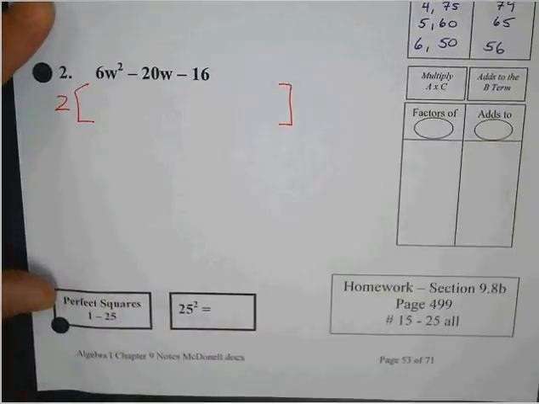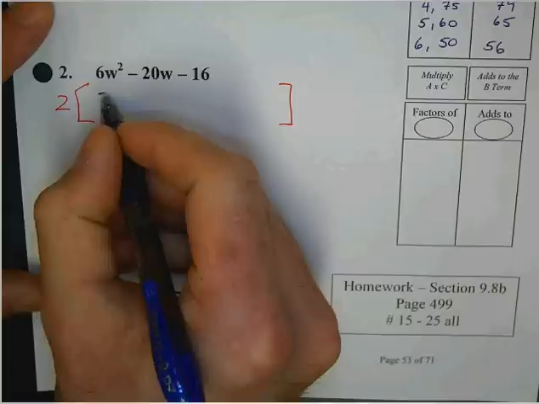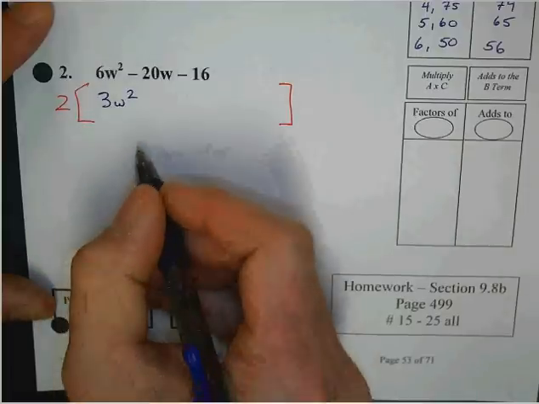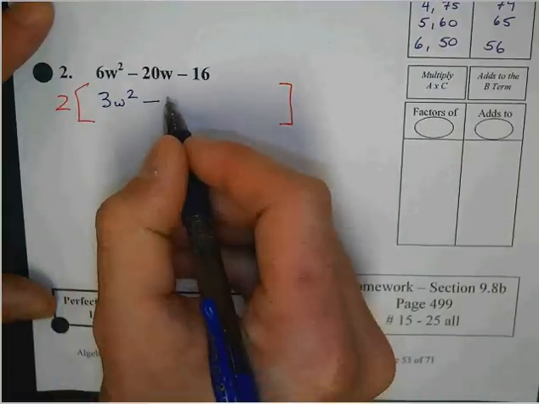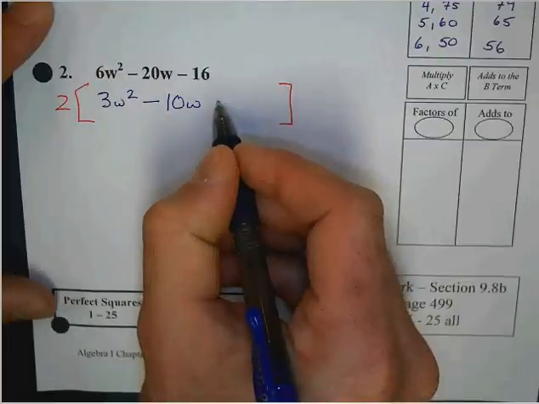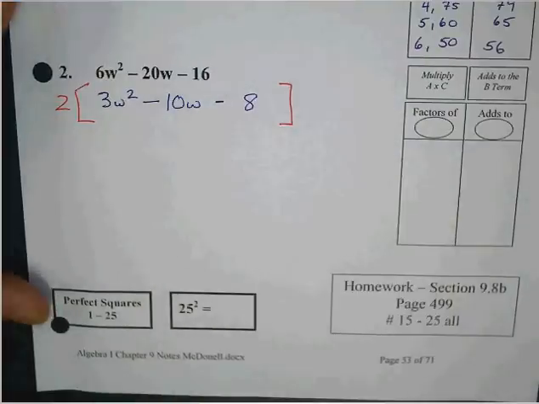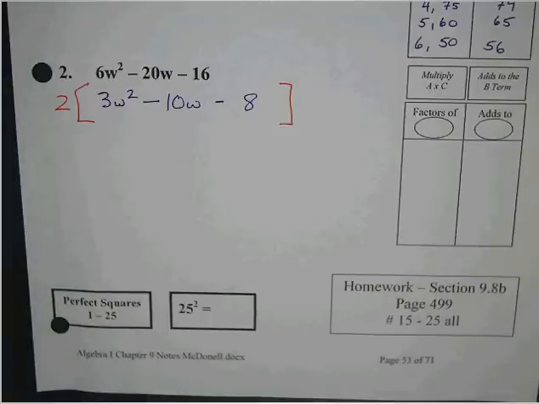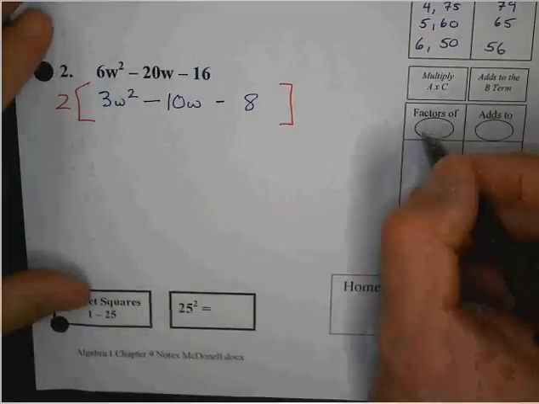New problem. What's the new problem, Josh? 3w squared minus 10w minus 8. So that's the new problem in blue. All right, now, factors of what? Negative 24. Factors of negative 24.